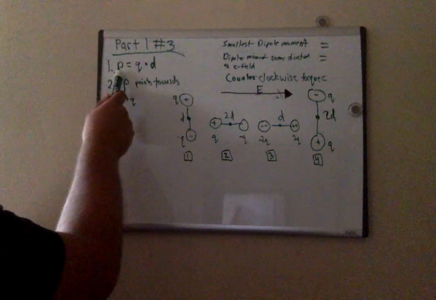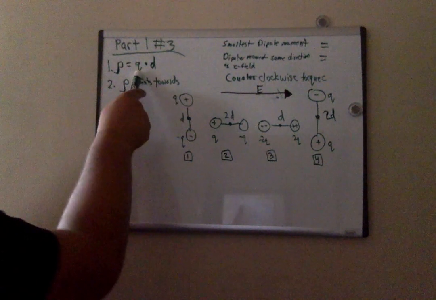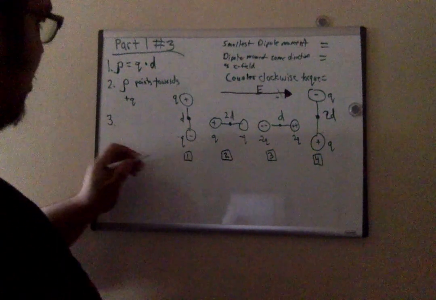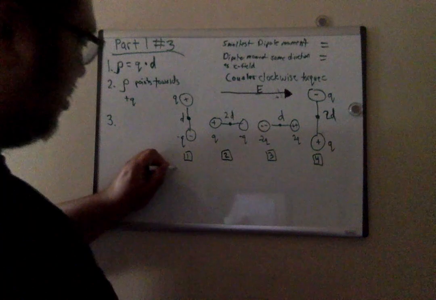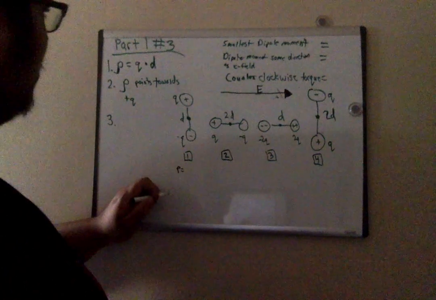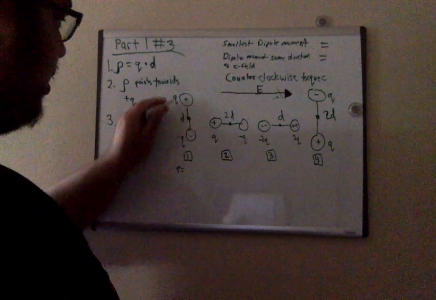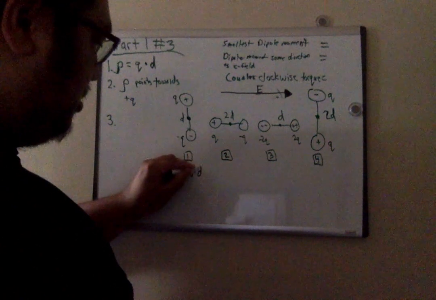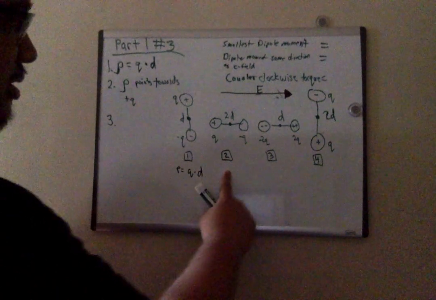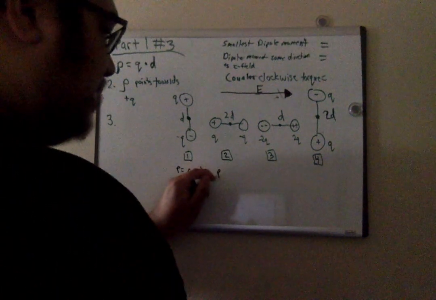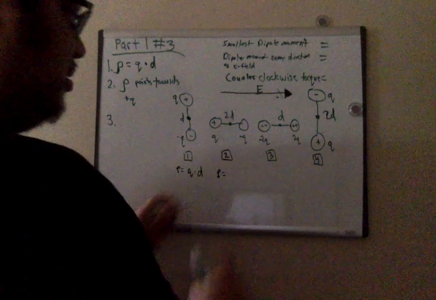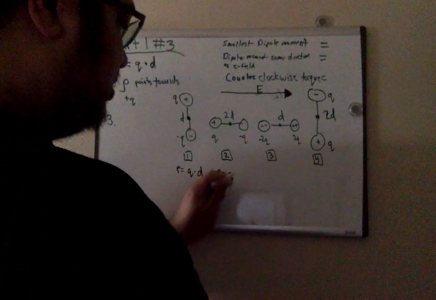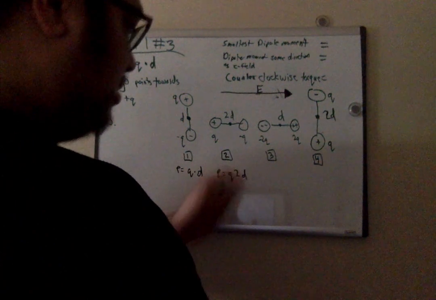So let's look at the smallest dipole moment. We know that the dipole moment is equal to the positive charge times the distance between the two. So for 1, P would equal Q times the distance, which is D. For 2, the dipole moment is equal to the charge, Q, times the distance, 2D.